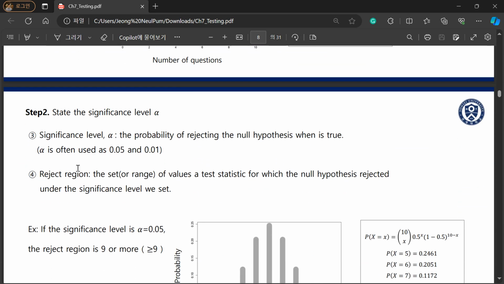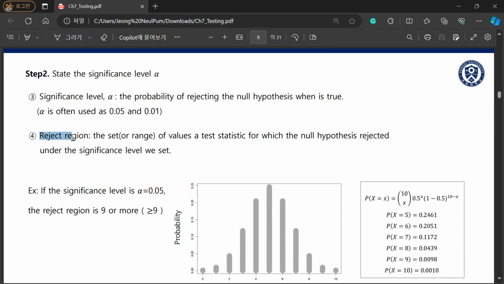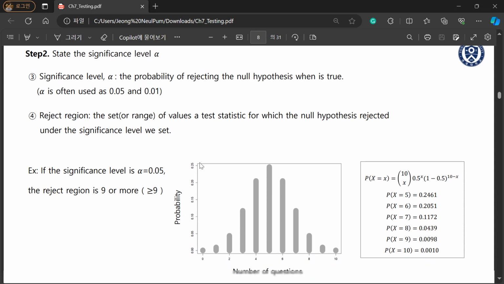Then we also have to set the significance level, which is the probability to which extent we want to reject the null hypothesis, and also the reject region. If our test statistic is in the reject region, we can reject the null hypothesis, and we are able to go to the alternative hypothesis.